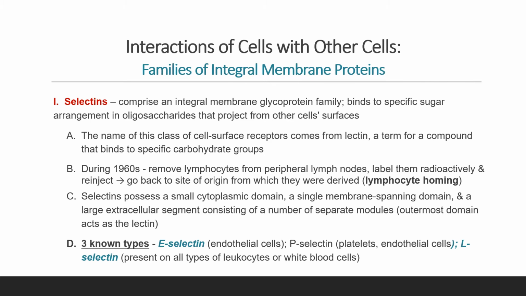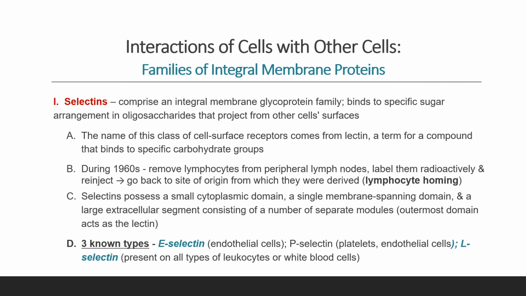During the 1960s, researchers removed lymphocytes from peripheral lymph nodes, labeled them radioactively and re-injected them. They go back to the site of origin from which they were derived, which is called lymphocyte homing.